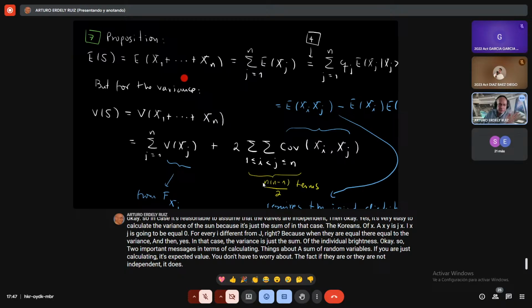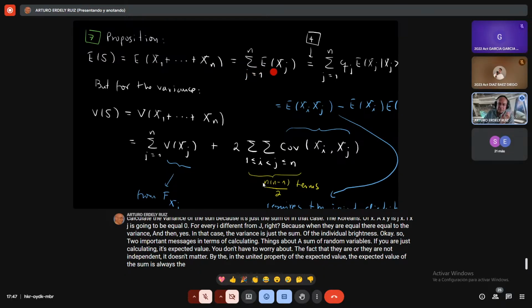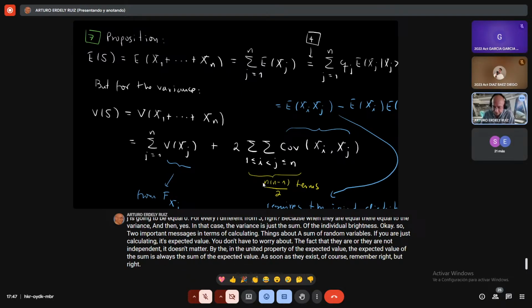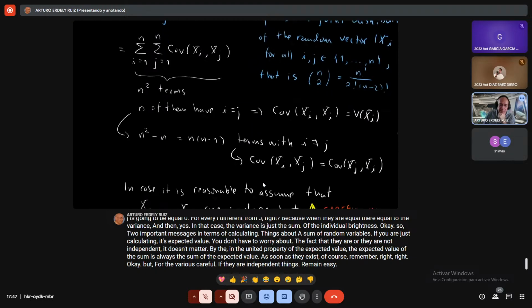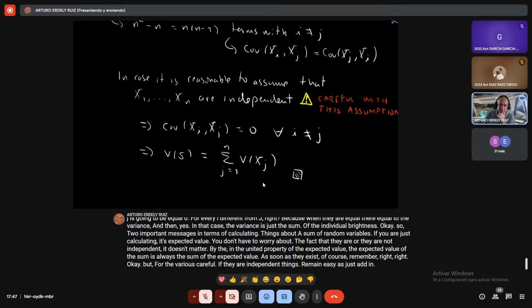It doesn't matter, by the linearity property, the expected value of the sum is always the sum of the expected values, as long as they exist, of course. Right? But for the variance, careful.